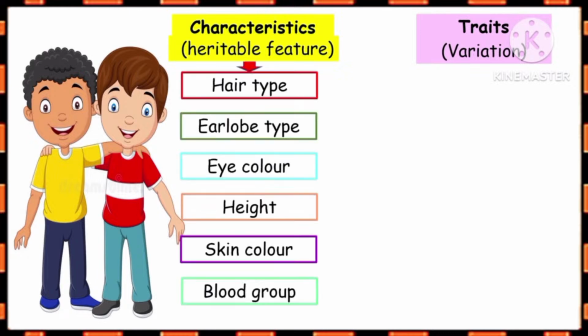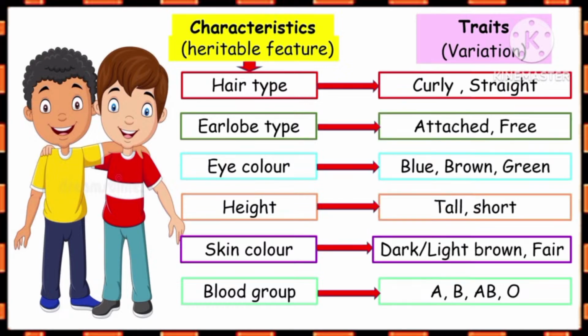These are some of the examples: hair type, earlobe type, eye color, height, skin color, and blood group. How about the trait for each characteristic? The hair type can be either curly or straight, earlobe can be attached or free, and so on. Including the blood group, it can be either A, B, AB, or O.